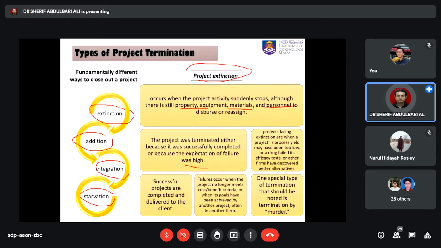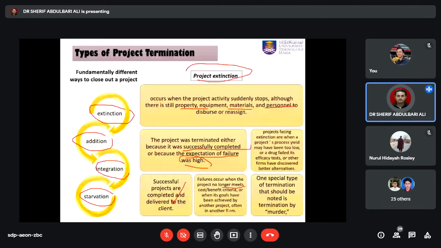It has two possibilities: either the project is successfully completed or the expectation of failure is high. If it's successfully completed, this is good. It's already deliverable to the clients. But if the failure is high, the failure may occur when the project no longer meets the cost and benefits criteria.